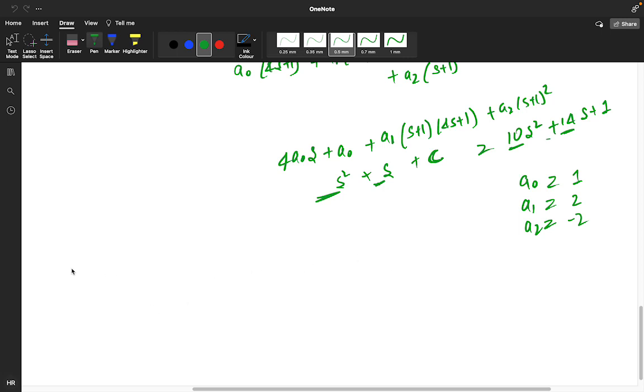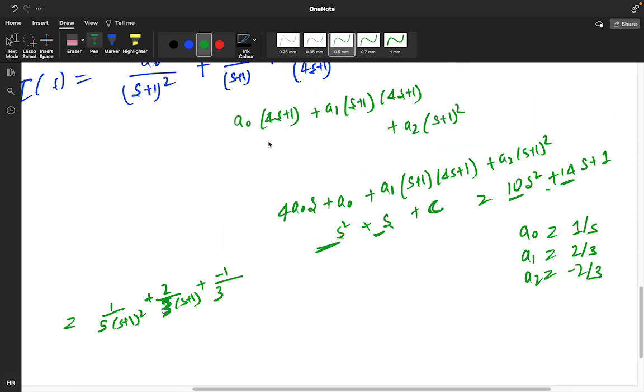You will get the terms like this: 1 by 5 over s plus 1 the whole square, plus 2 by 5 over s plus 1, and a2 will be minus 2 by 3 over 4s plus 1. Some values a0, a1, a2 you will get. So a0 value 1 by 5 you will get, sorry, I have written it wrong here, and a1 value you will get 2 by 3, and a2 value you will get minus 2 by 3.